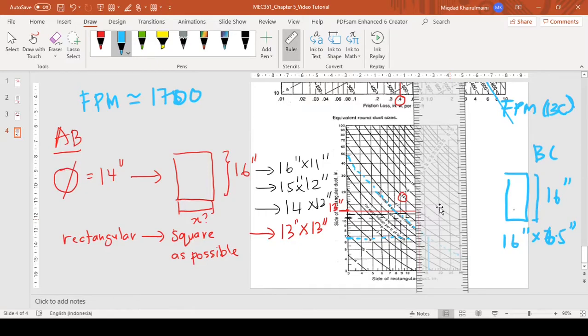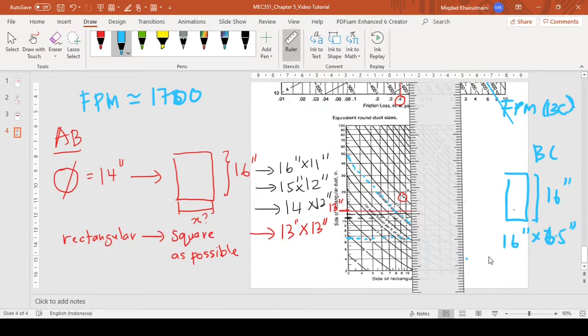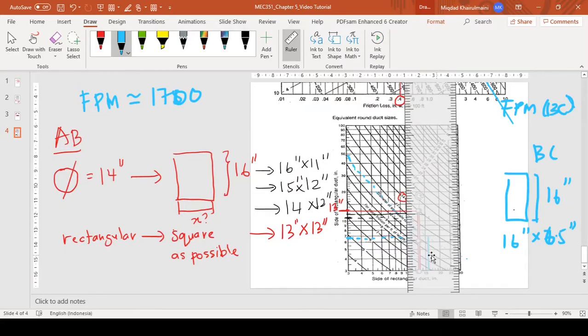If we use 11, if we draw the line properly here, we can get 11 times 9. If we use 10, it will be 10 times 11 here, if we see properly.